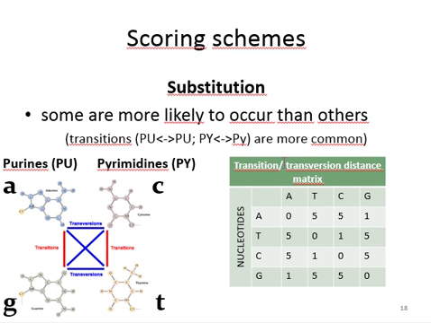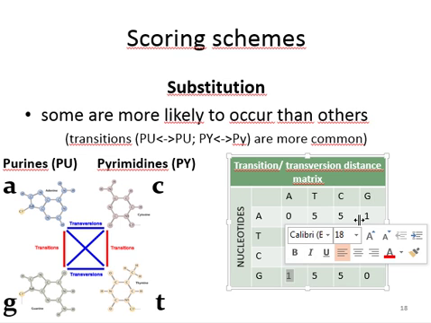So we must weight the substitutions based on a scoring scheme. For example, if we change between purines, adenine to guanine, it is between the same group, so the transition is quite more often and weights 1 in this matrix.